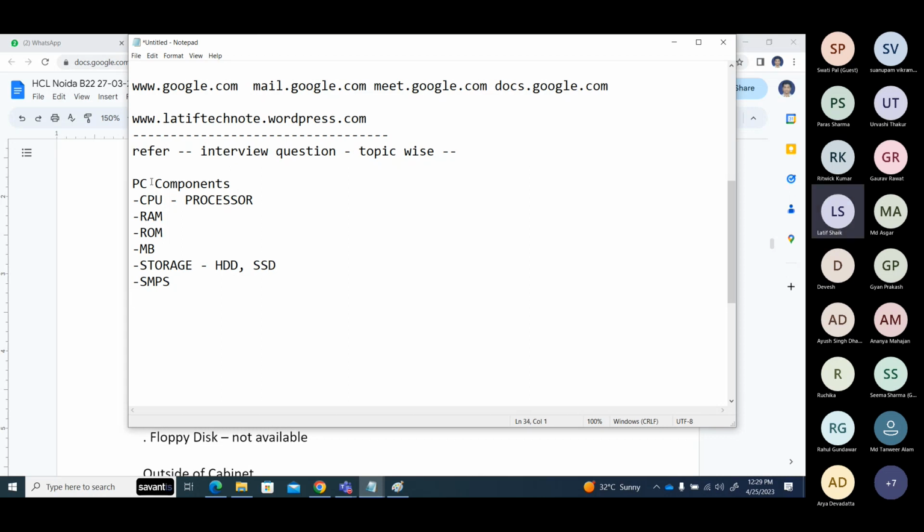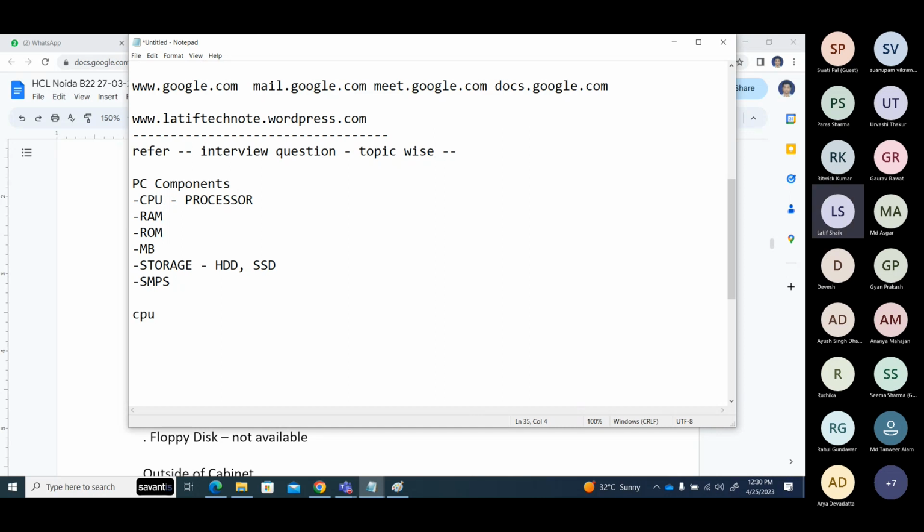These are the basic components inside of a cabinet. Externally, we have a keyboard, mouse, printers, scanners, mics. All these things we connect to our system to work with it for different purposes.